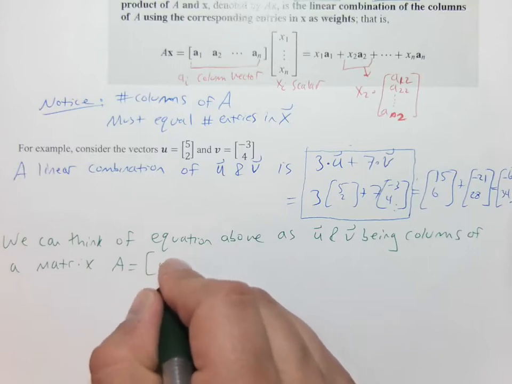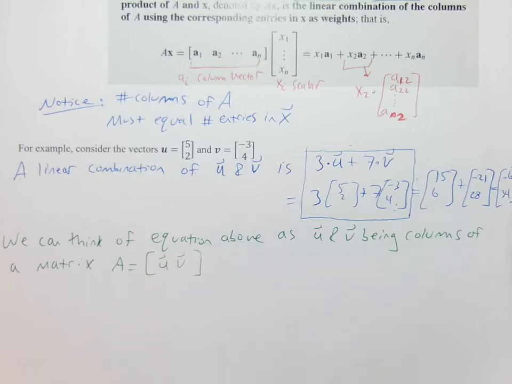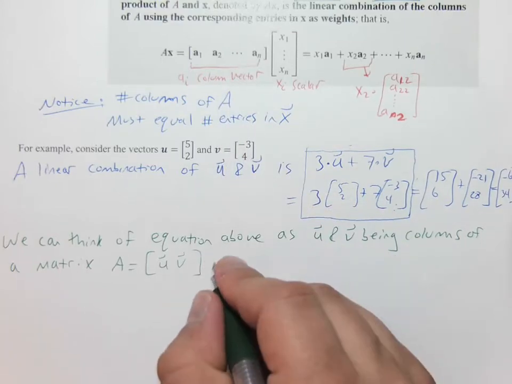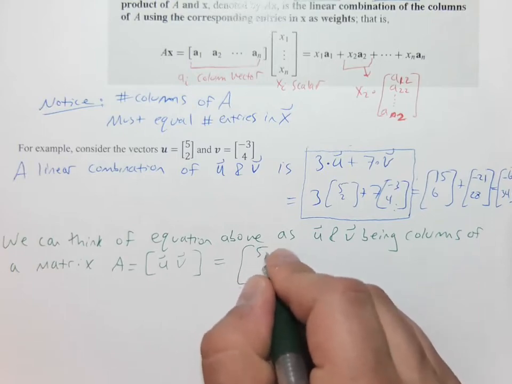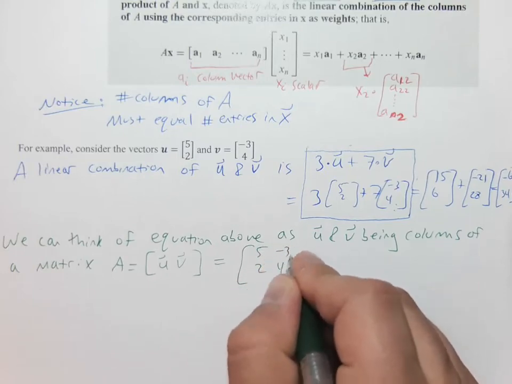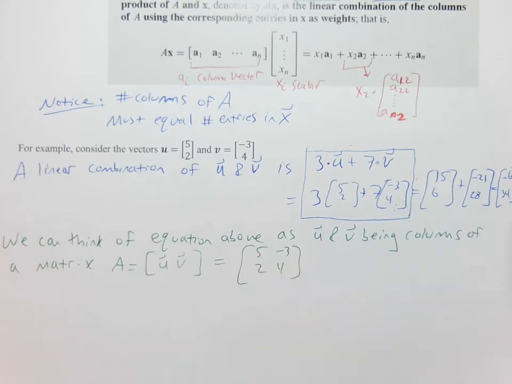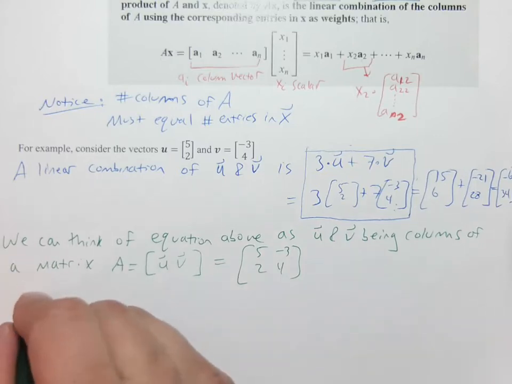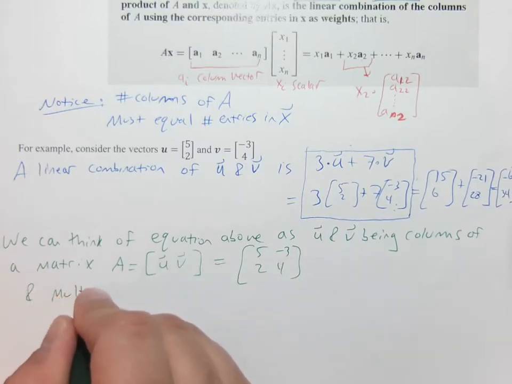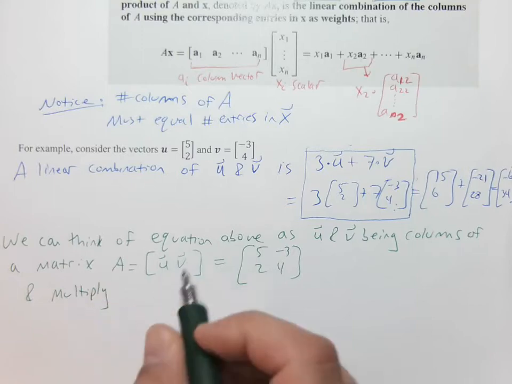So A might have the columns U and V. Right, so I'm doing column vectors of A just like these have column vectors up here. And so that would look like this. Right, so now I've got U and V as columns in a matrix. And then we could think about that as multiplying by the vector X that has those weights.